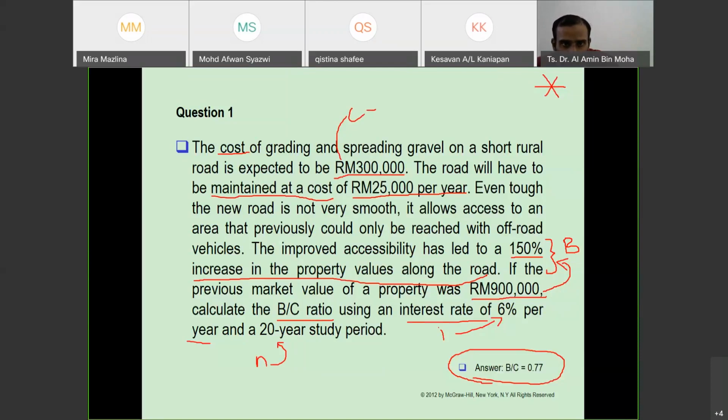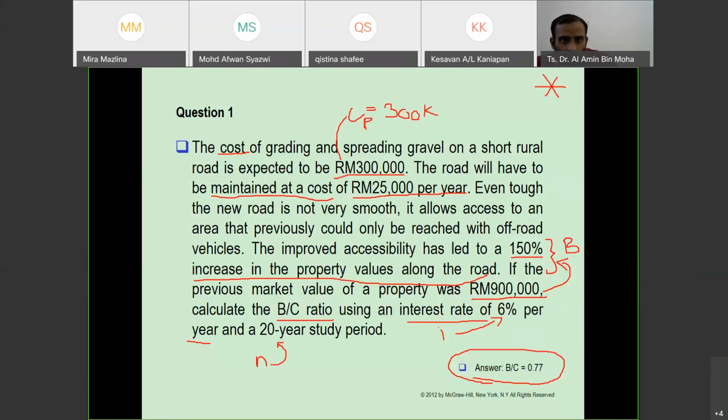So we have C here, the cost, 300K. This cost is in P, right?